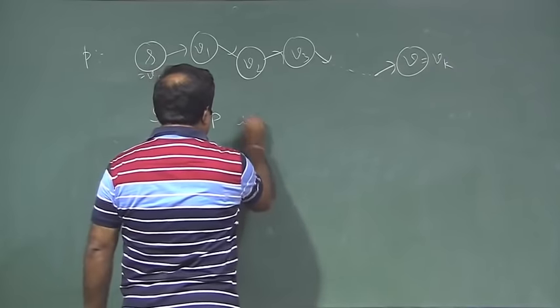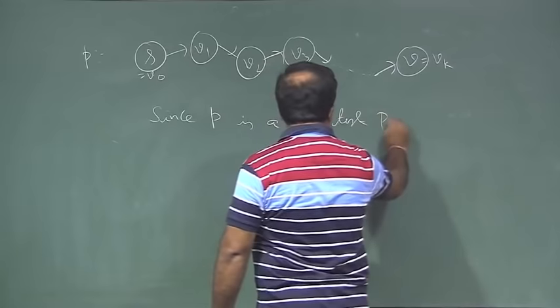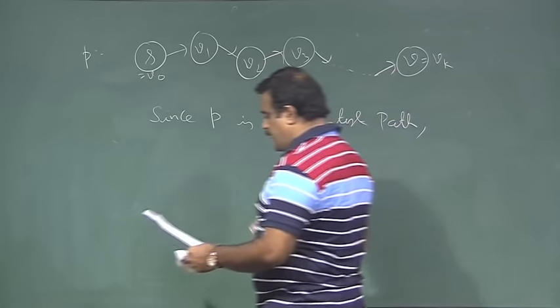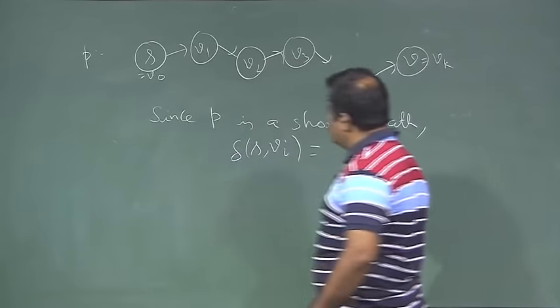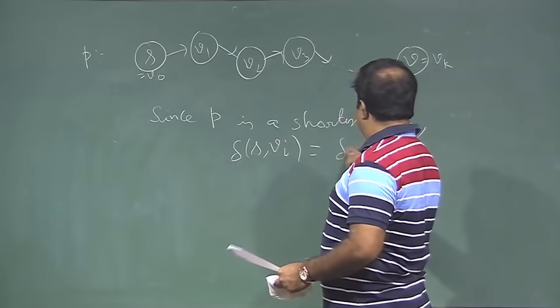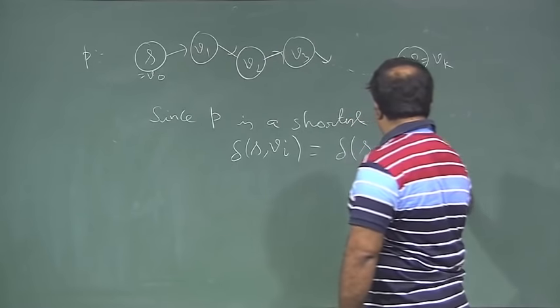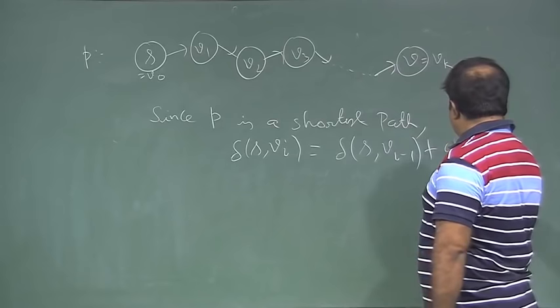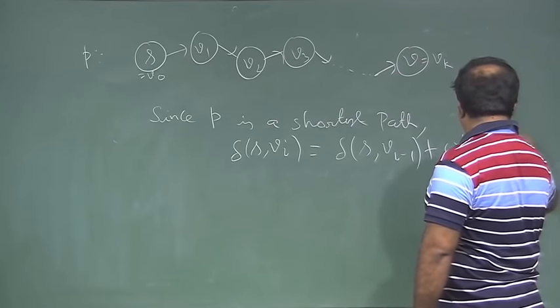And since P is a shortest path, what do we have? We have delta of S comma Vi is basically delta of S comma Vi minus 1 plus W of Vi minus 1 comma Vi.